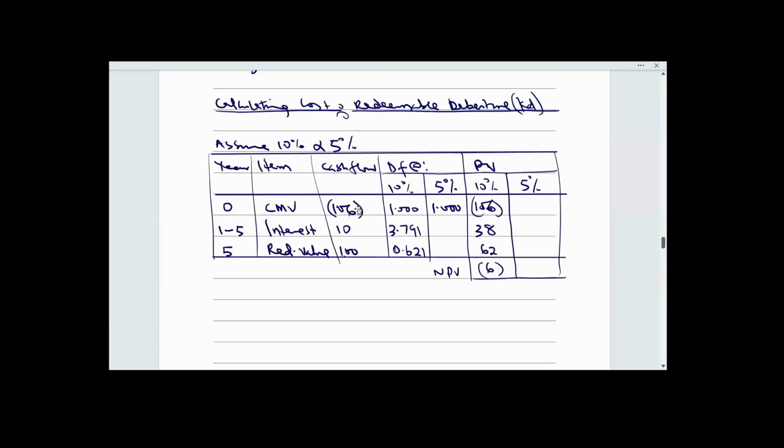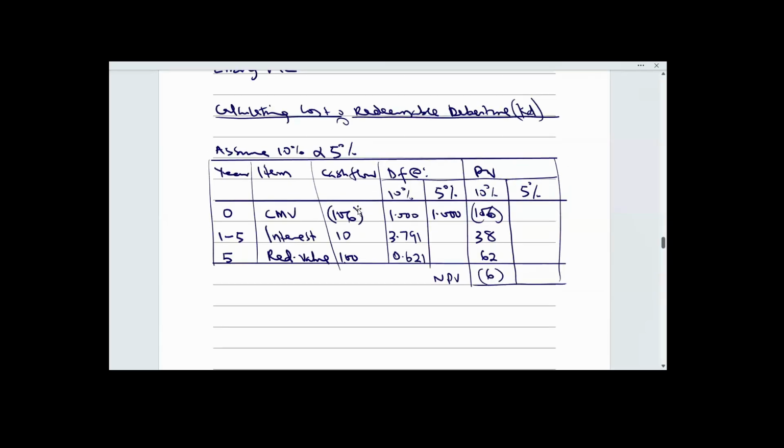What do you have there? 4.329. Then the discount factor at 5% for year 5 would be 0.784, right?